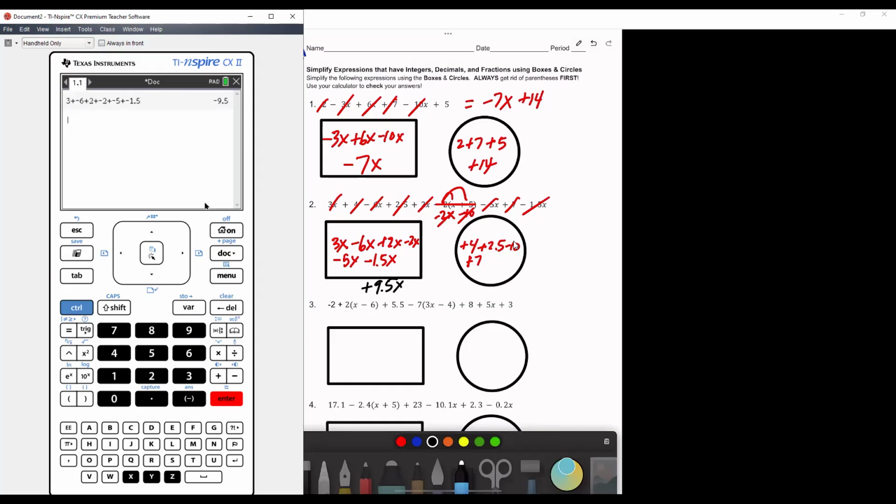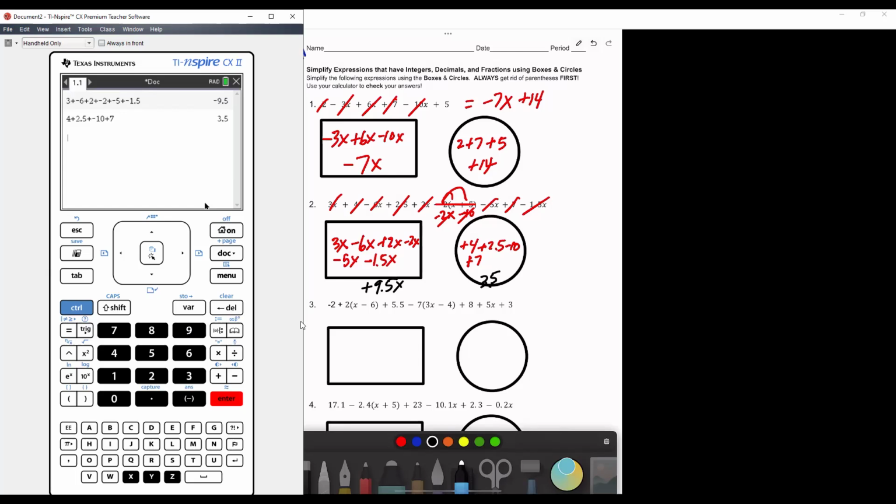And then I'm going to do the same thing for the circle. It's just going to be 4 plus 2.5 plus a negative 10 plus 7. And then I press enter. And I got 3.5. So here's what it looks like. This simplified expression would be negative 9.5x plus 3.5.